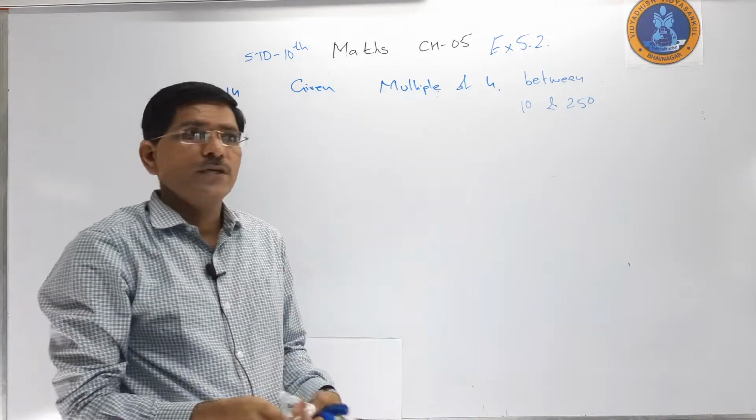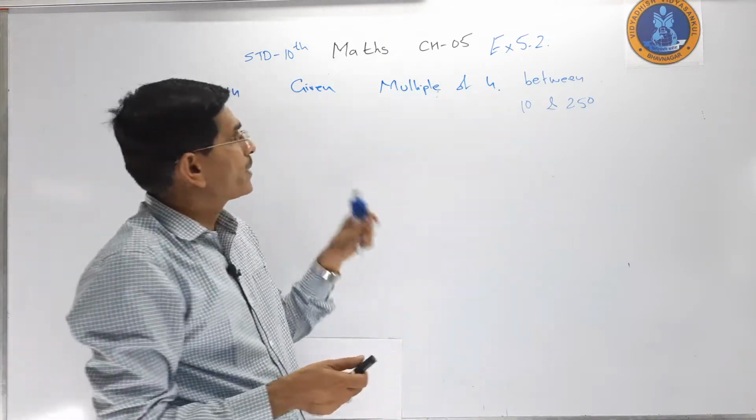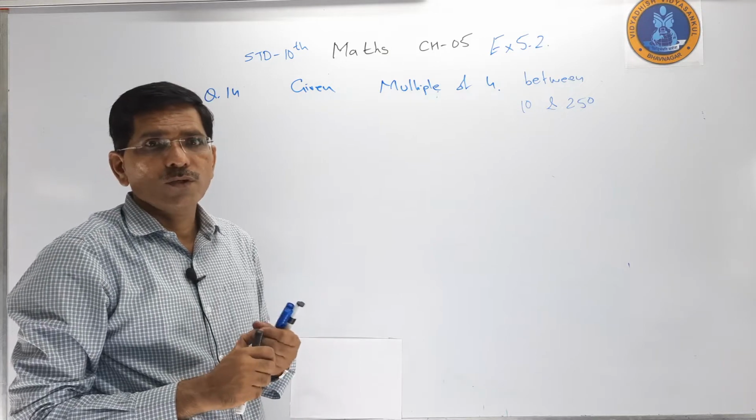What is given? Multiples of 4 between 10 and 250.